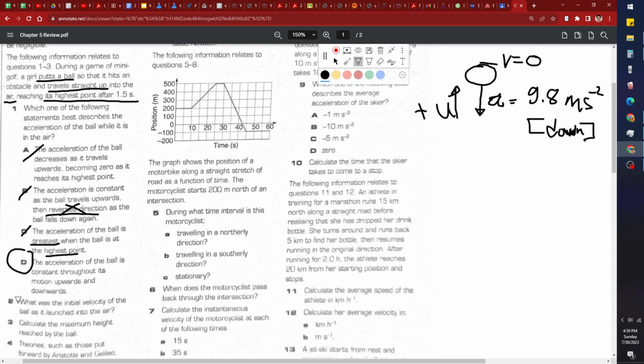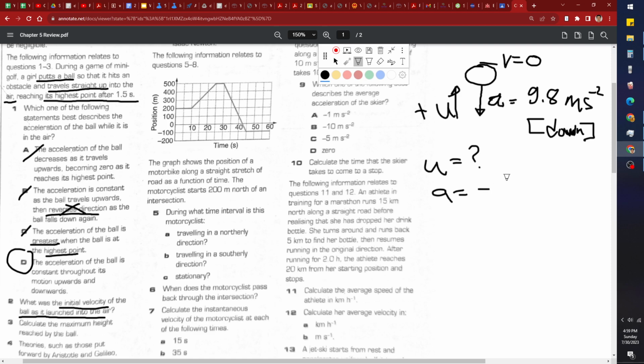Okay, number 2 is asking us, what is the initial velocity of the ball as it is launched into the air? So what velocity did it start at? Well, we know it's upwards, so we have this. We want to find what that is. We do know a, acceleration, because the initial velocity is upwards and acceleration due to gravity is down.